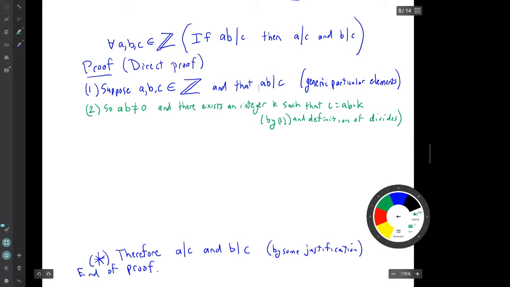Now let's look forward to the end of the proof. The end of the proof is that red circled statement that includes a defined term used twice. So there's no choice about how we're going to have to end this proof. Before we can state this last line, we're going to have previously stated two things.